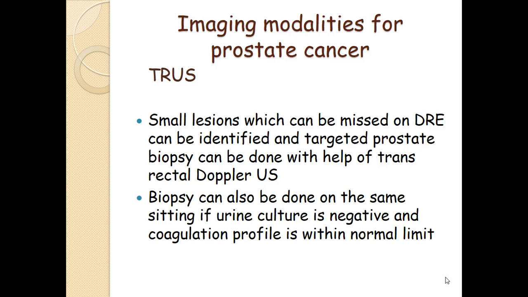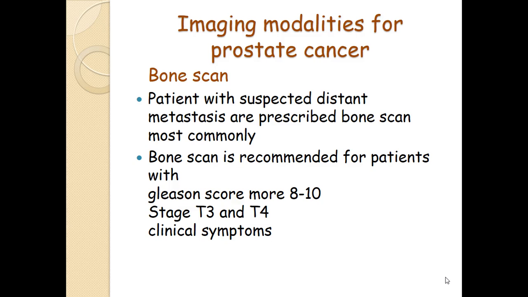Small lesions which can be missed on DRE can be identified, and targeted prostate biopsy can be done with the help of transrectal Doppler ultrasound, in the same setting if urine culture is negative and coagulation profile is within normal limits. So we usually do a urine culture and coagulation profile before sending the patient for biopsy, and if the culture is negative and the coagulation profile is normal, then we perform the TRUS guided biopsy.